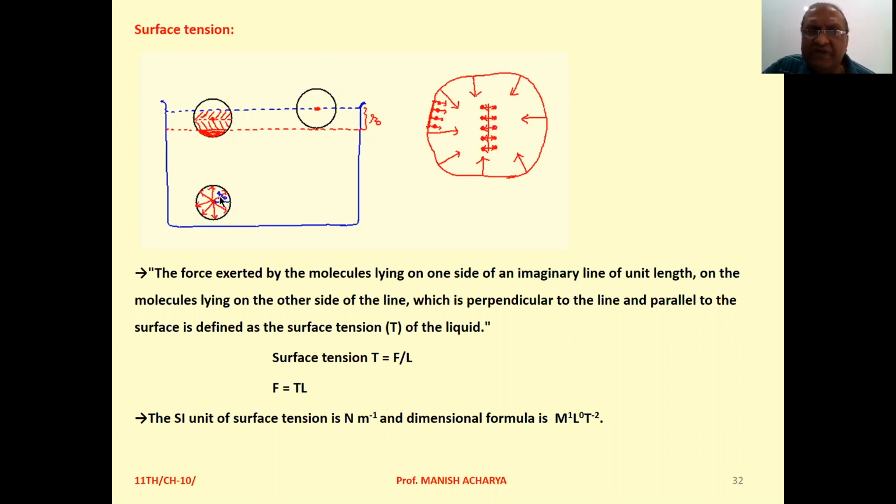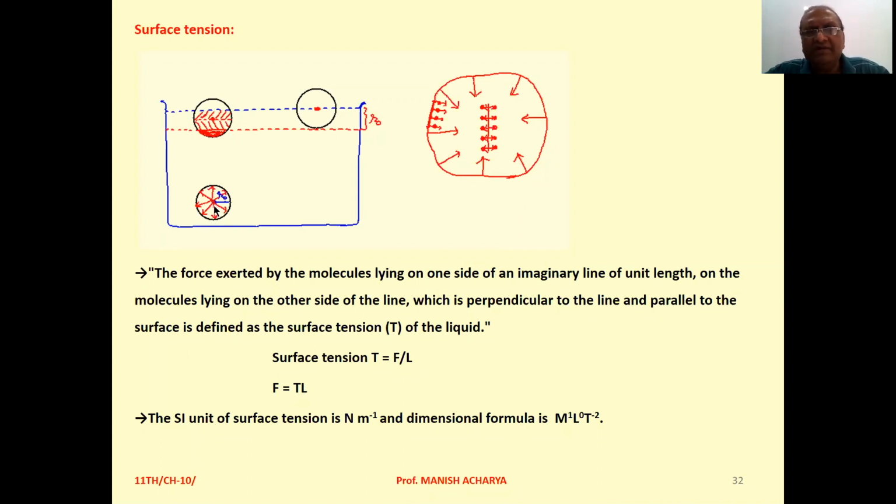Now there are a lot of molecules inside this sphere which we considered. All these molecules residing in this imaginary sphere are either at a distance R0 or less than that from the central molecule.